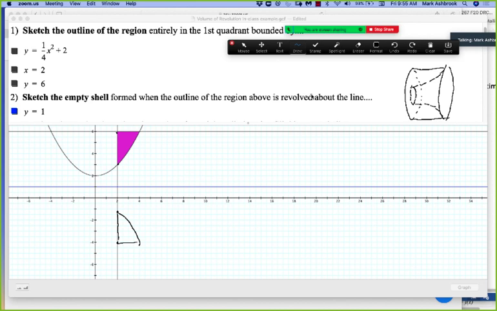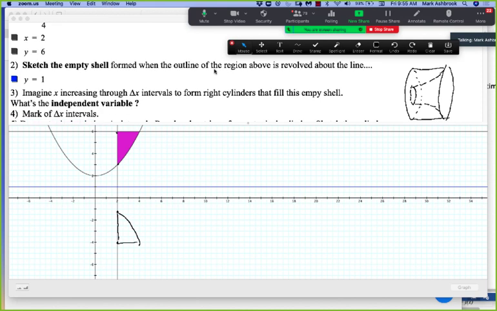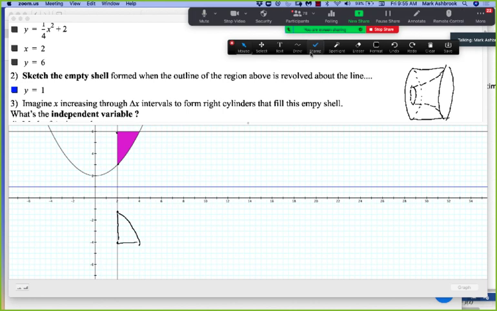Okay, how are we doing on the empty shell? Are we good on the empty shell? Any questions so far? All right, so we're working through the steps here. We're going to imagine x increasing through delta x intervals to form cylinders that fill this shell. So if we do that, what's going to be our independent variable?